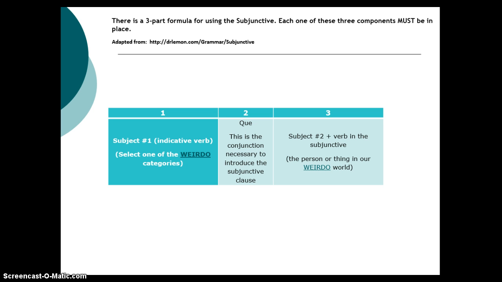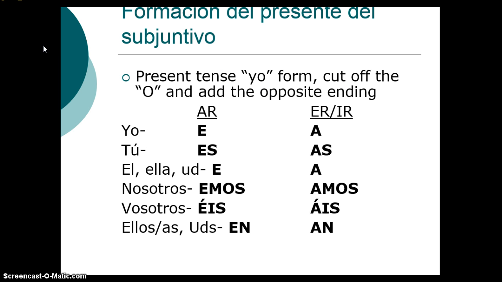Now, we'll do a quick recap of how to form the subjunctive in just a moment. So, just a reminder about how we form the present tense of the subjunctive, el presente subjuntivo.